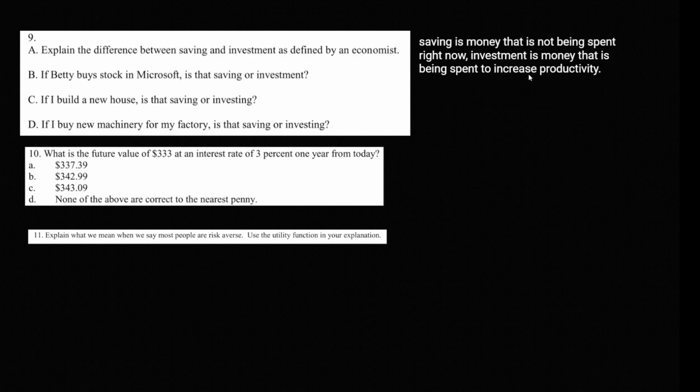Okay, so if I had some money that I didn't want to spend right now, I put it in a bank, that's saving. If I put it in a stock or a bond, that is saving. I am not spending it right now. For the purposes of economics classes, when you have money that you are not spending and you just put it somewhere, that is saving.